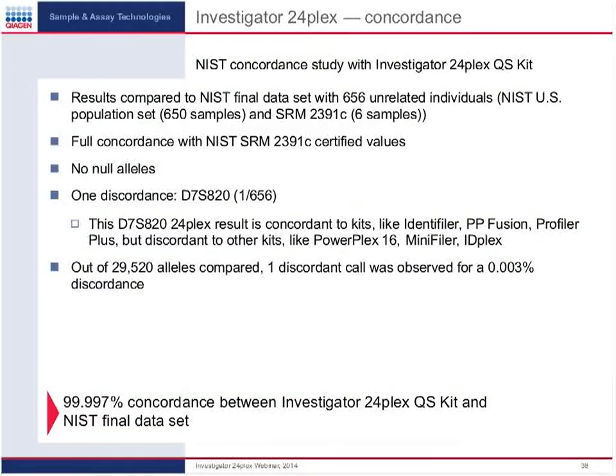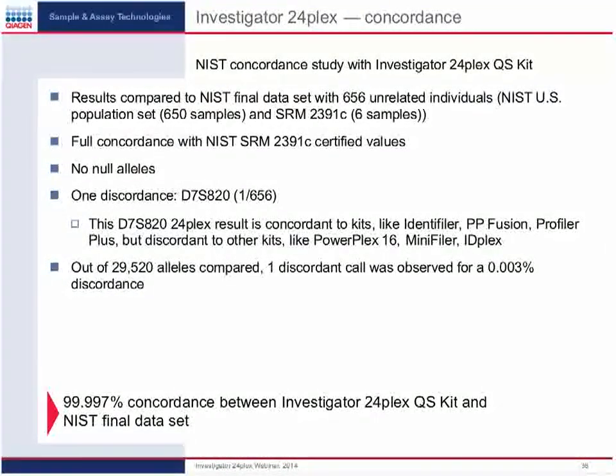institute. This is the NIST institute in the US, and they performed a concordance study for us with the Investigator 24Plex QS kit. The NIST institute compared a final data set with 656 unrelated individuals. So it's a population set of 650 samples and the SRM 2391c samples.